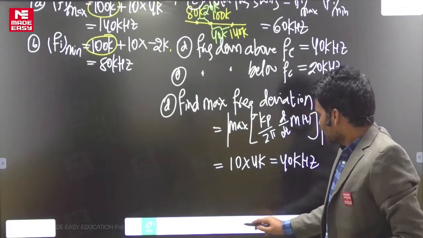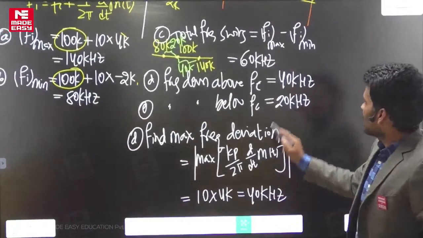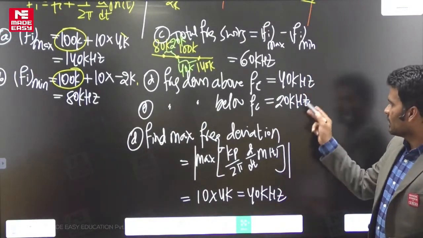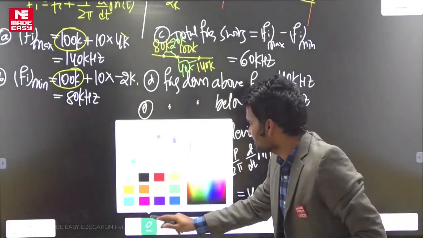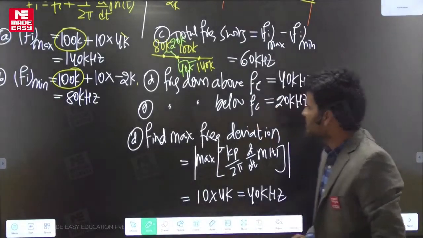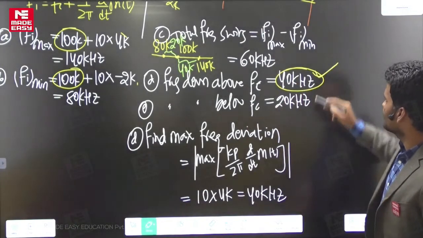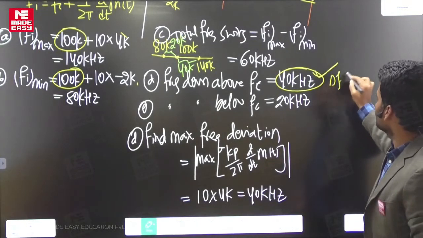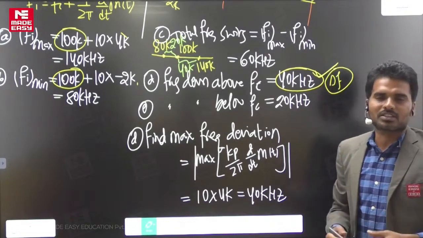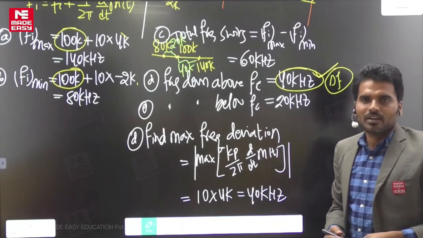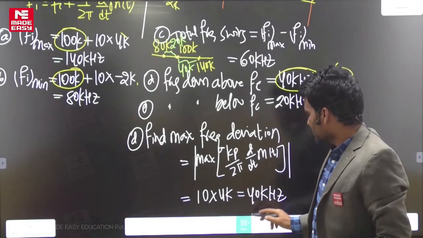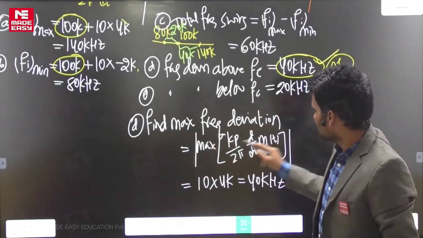You can see frequency deviation above Fc is 40 kilohertz and below Fc is 20 kilohertz. Now what is the maximum possible frequency deviation from Fc? It is 40 kilohertz. This is delta F actually, the maximum frequency deviation from Fc. So in finding maximum frequency deviation, only the magnitude comes into picture.